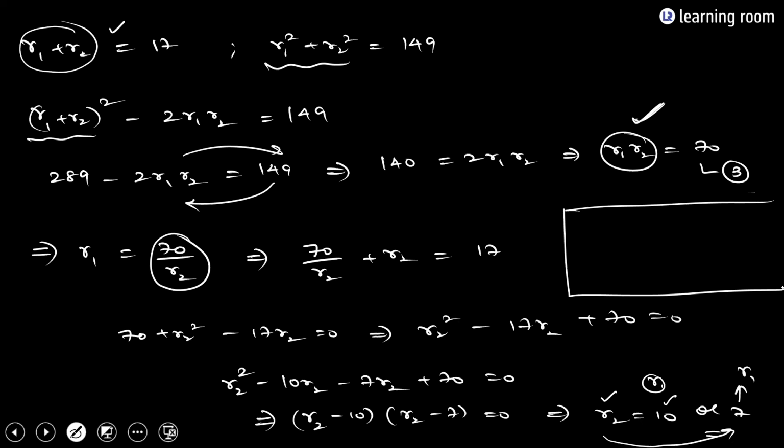They never mentioned anything about it. They asked only the radii of both the circles. So if radius of first circle is taken to be say 10 centimeter, then the radius of the second circle will automatically become 7 centimeter. So that 10 plus 7 is still going to give you the 17. Am I clear with this?